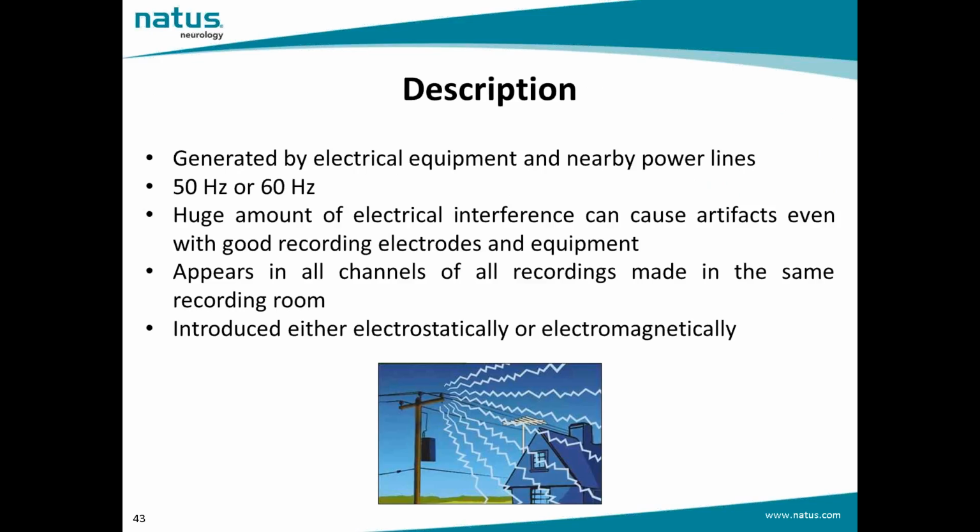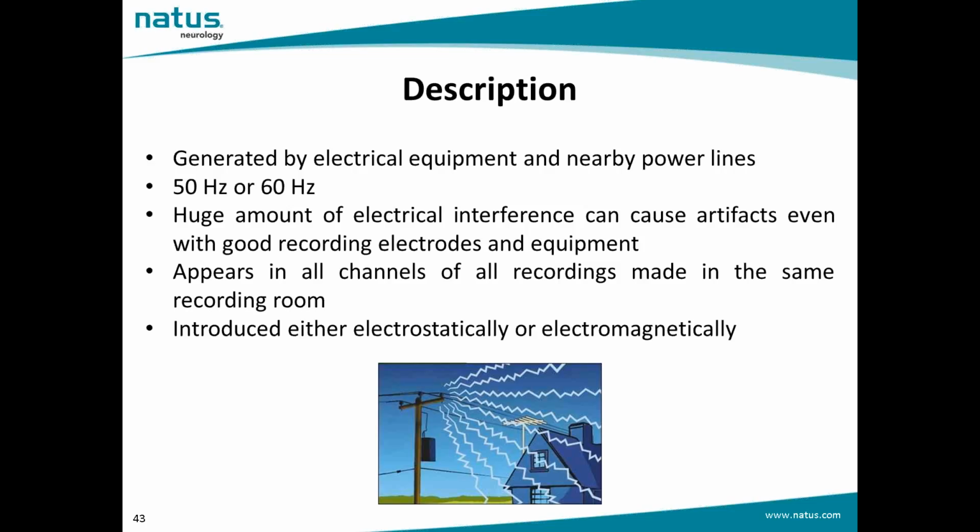The most common external artifact is due to the alternating current present in the electrical power supply, and it has a frequency which can vary from country to country. For instance, we have 60 Hz in US and 50 Hz in Europe. Unfortunately, a slight amount of this interference is always present wherever alternating current is used.